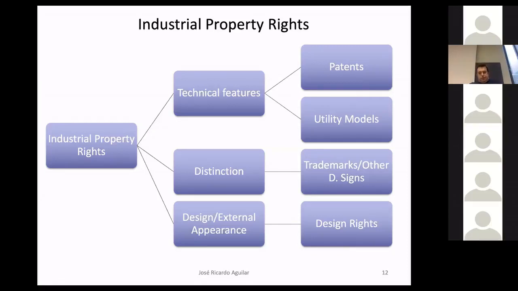And these rights can be used only if you apply for registration. And this is a very important point. You can only have protection for technical features, namely inventions, for the distinctive character of signs, and for design, if you apply for that protection. So if you apply to a public authority to grant you that right.